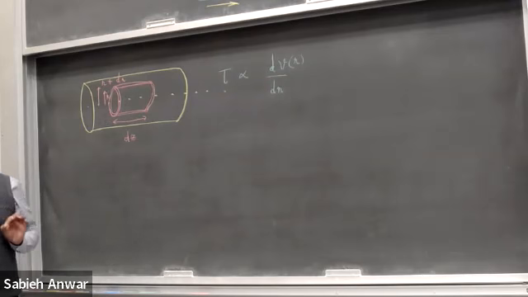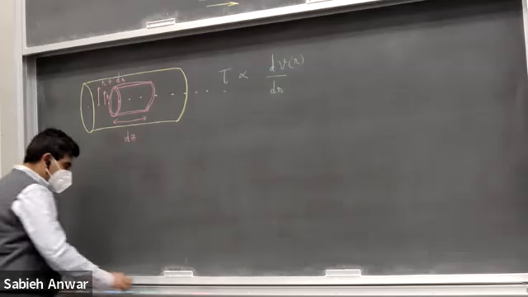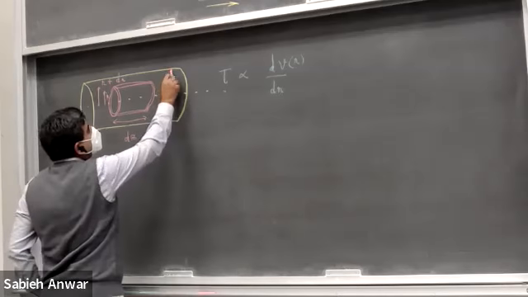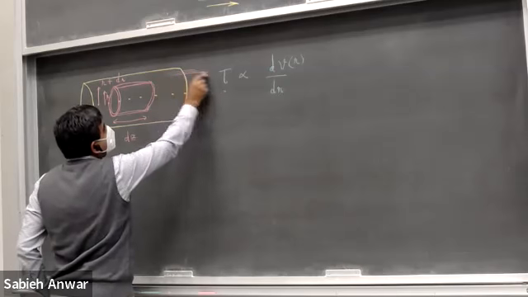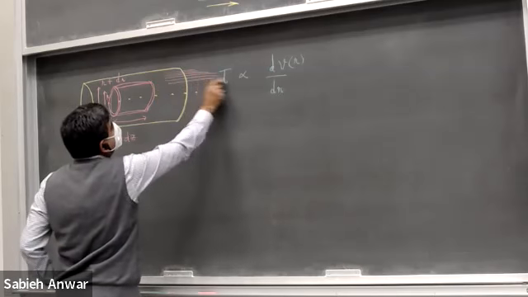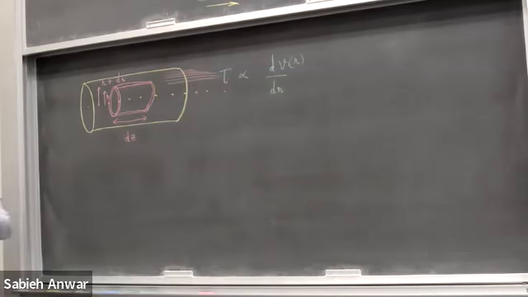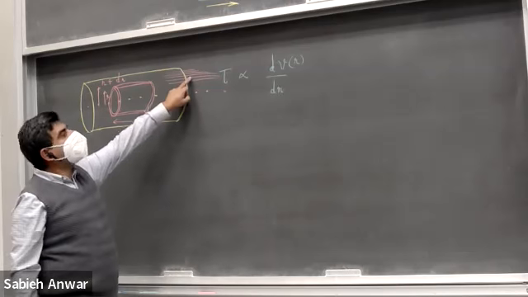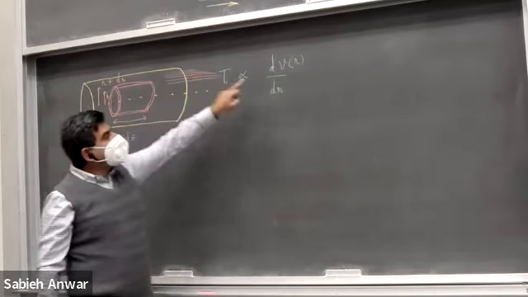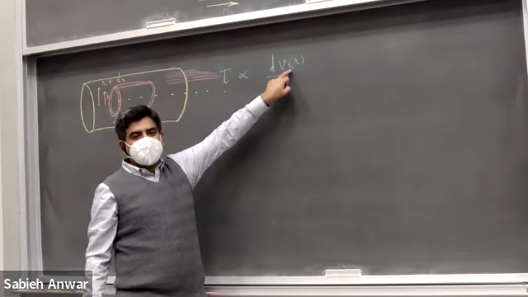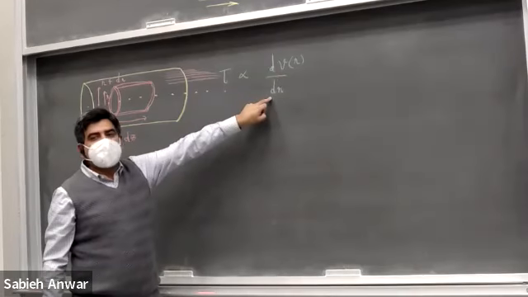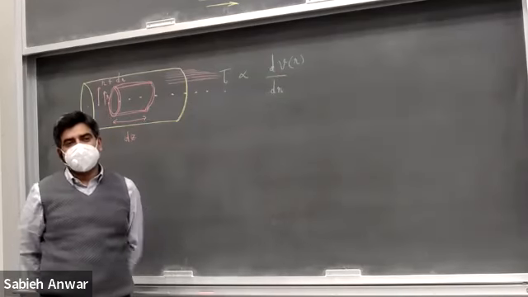That's what the stress is doing. If you break up this fluid into different horizontal sections, what the strain is trying to do is displace the different elements with respect to one another. This is how the fluid is going to flow. So you have to find out what the speed of each layer is at a distance r, and then you would have to differentiate it with respect to r.